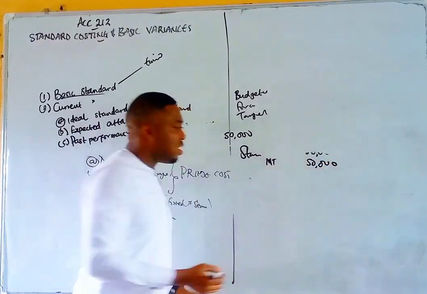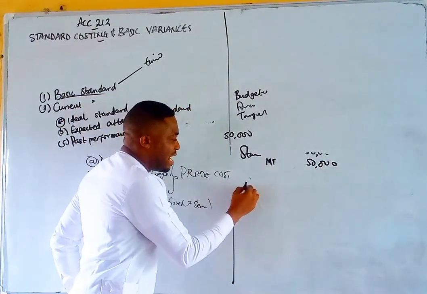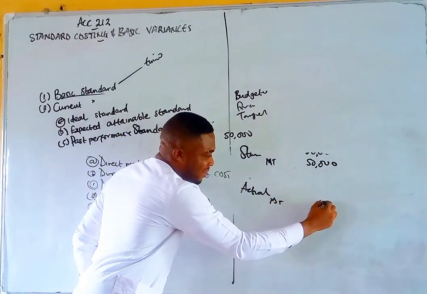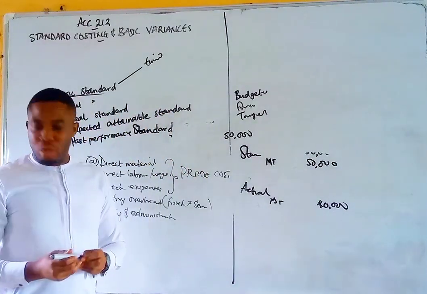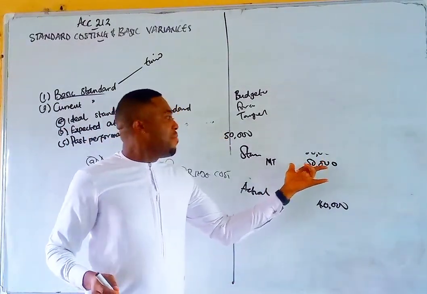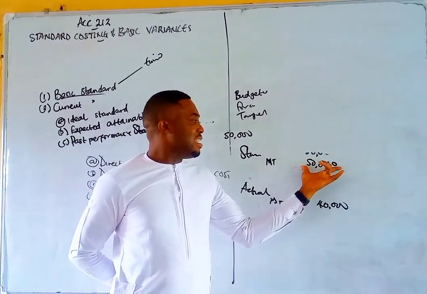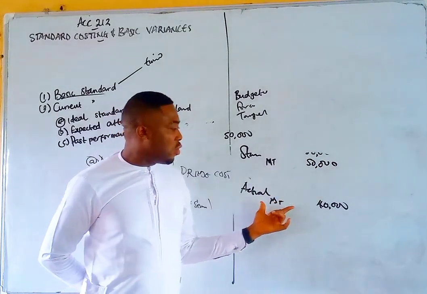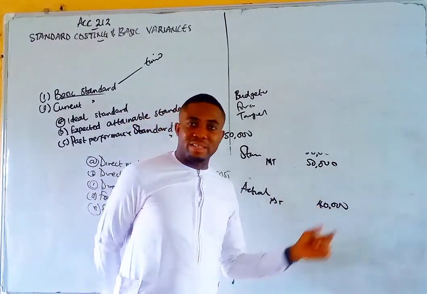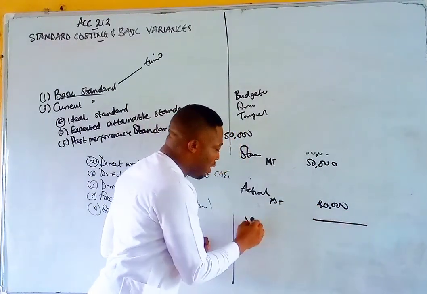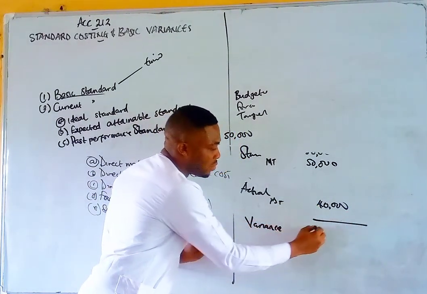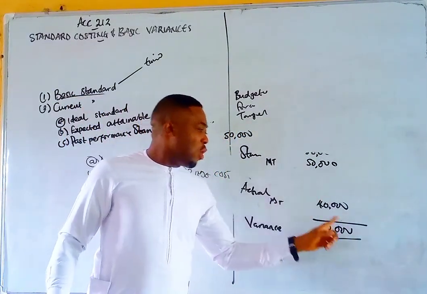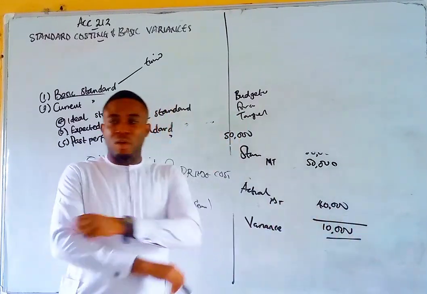And during the year, they have an actual cost of that same material of 40,000. What they mean is that they set a standard that they will incur a cost of 50,000, but during the year, they incurred 40,000. The difference gives us a variance, which is 10,000. Now, from what I gave you, is this favorable or unfavorable? Why?